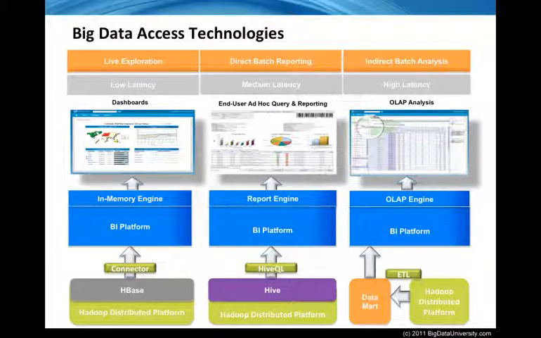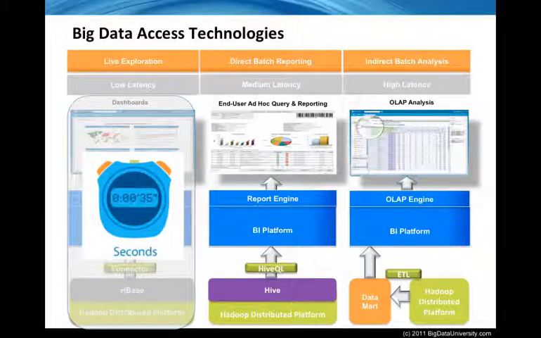The expectation here is to analyze historical trends based on exploratory questions in the historical big data content. So the data here is brought using extract, transform, and load, or ETL technology, into either an analytical relational database or an online analytical processing, or OLAP, engine that can be used to gain insights of the historical trends.